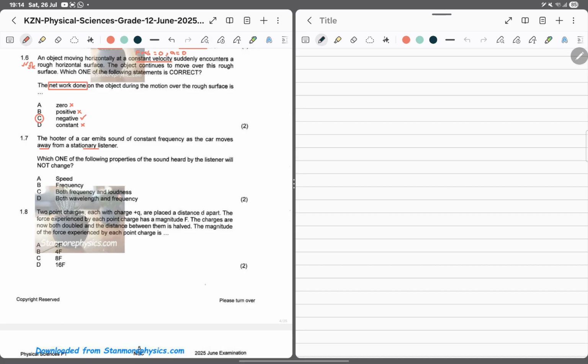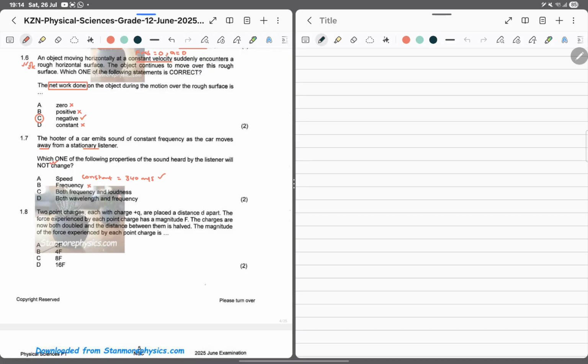Okay, so which one of the following properties of the sound heard by the listener will not change? Okay, is it the speed? Well, we know that speed is assumed to be a constant of 340 meters per second. So yes, anything constant is not changing.